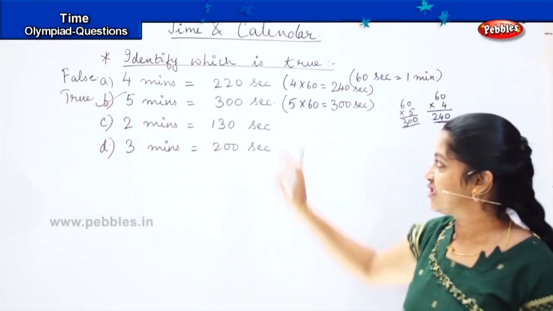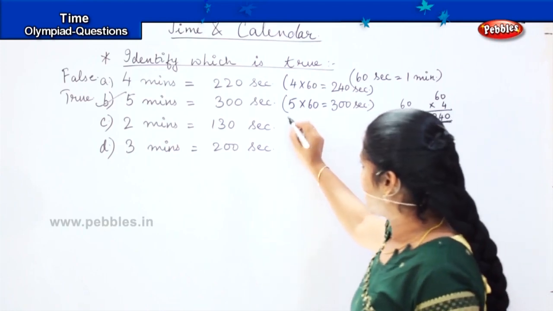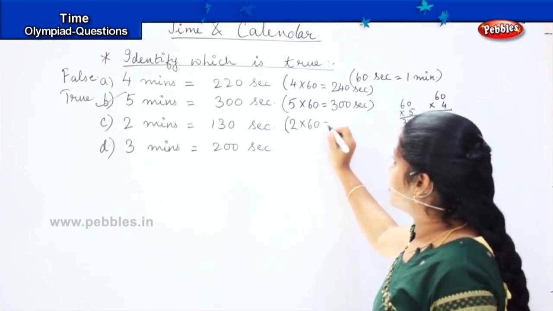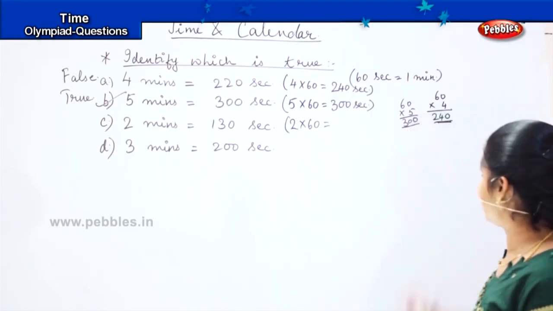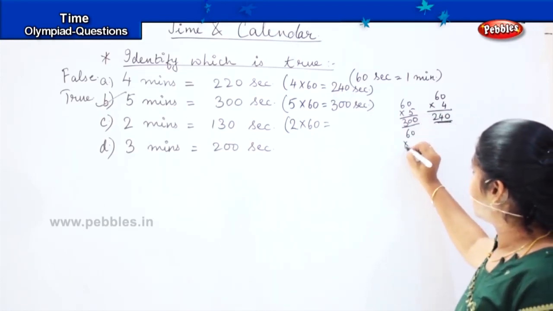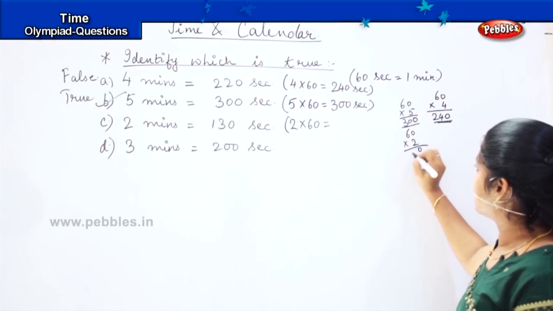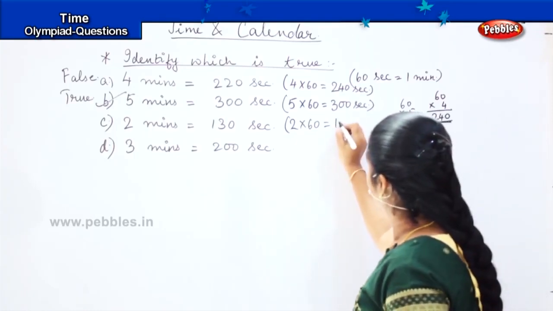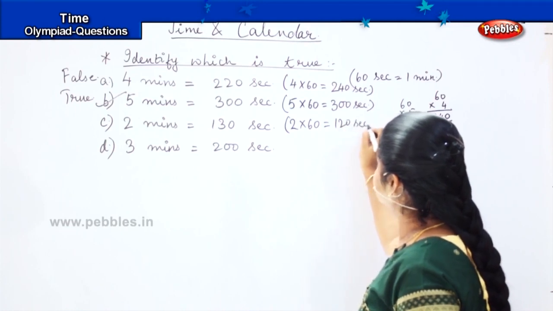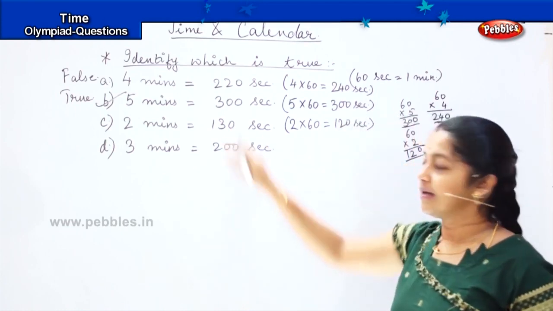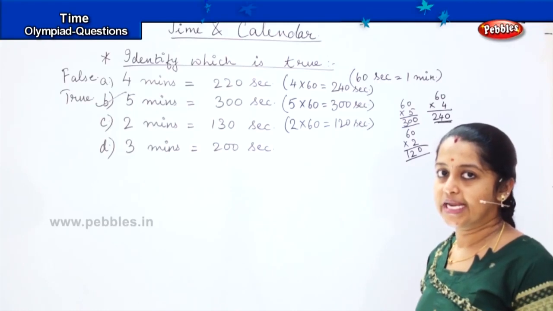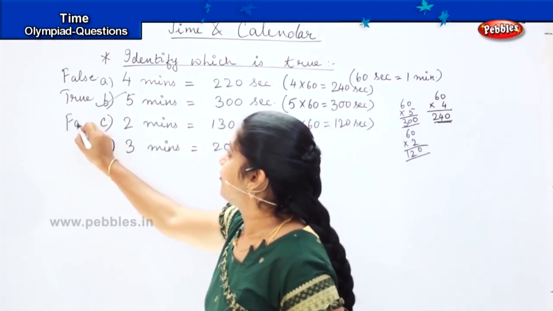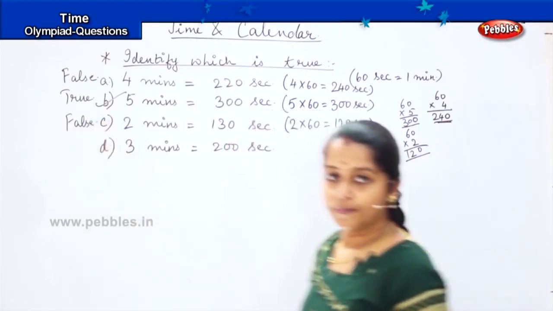We'll check the next one. The next one says 2 minutes, so we need to multiply 2 into 60. 6 2s are 12, so we should get 120 seconds. My answer here is given as 130. Is it correct? No, so again it is a false statement.